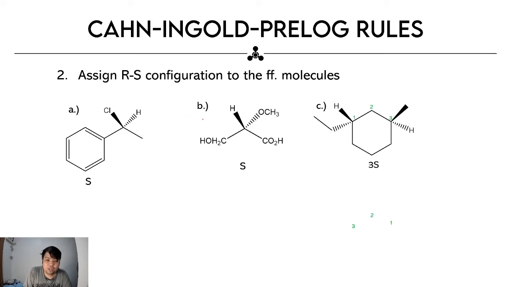First we figure out the configuration even before flipping the molecule, such that the lowest priority substituent is at the back. Just like what we did in carbon 3, we bisect along carbon 1. Then we assign our substituents. So this is obviously number 4, this is number 3, and this is priority number 1, and this is priority number 2.